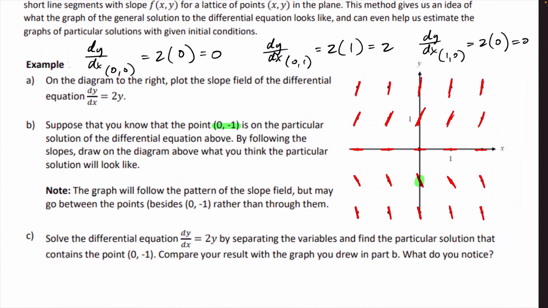I can't go against the direction field. I have to go where the direction field tells me. I can't go that way because it's telling me I need a slope of -2. So I'm going to have to go down that way.